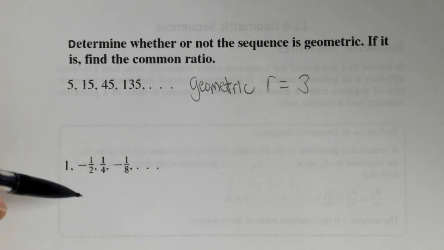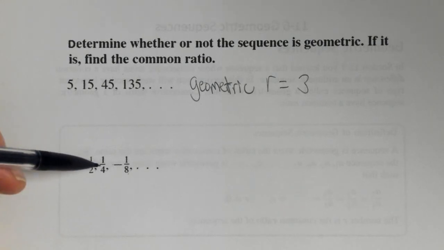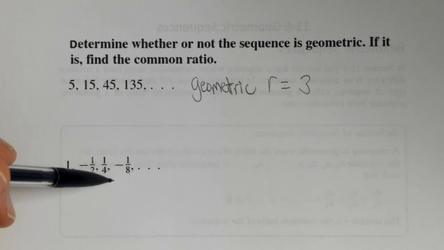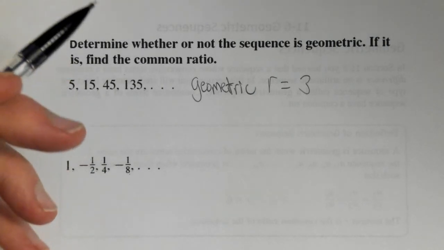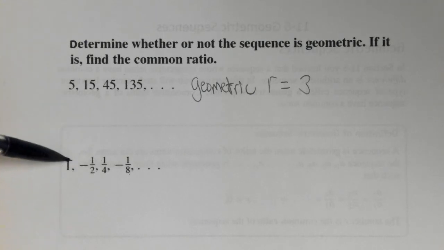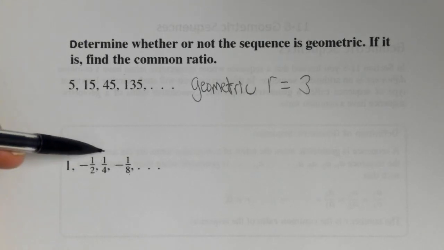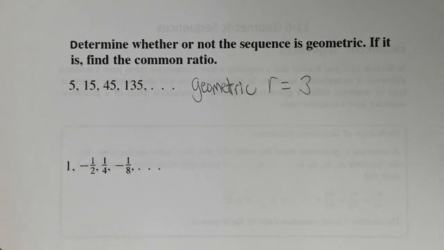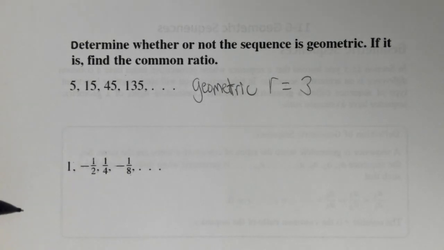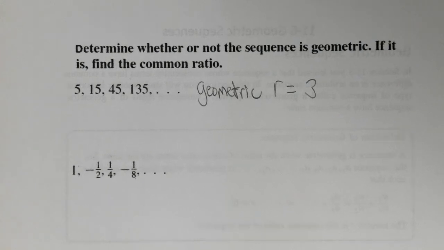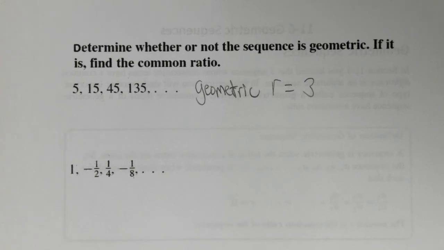Well, the answer to that question is yes. If the signs alternate, that could be caused by having a negative common ratio, a negative value of r, right? Because if you multiply by something negative every time, it's going to change the sign every time. So it certainly is possible to have alternating signs on terms like this. But the question is, do we have a common ratio, yes or no?